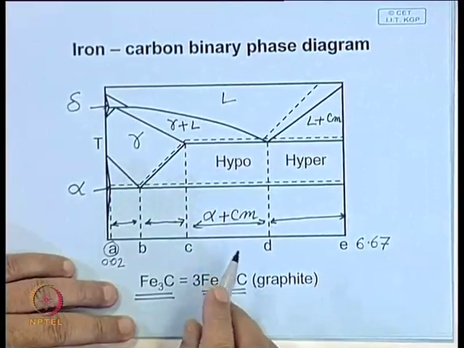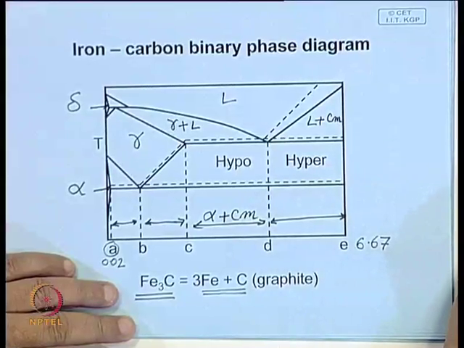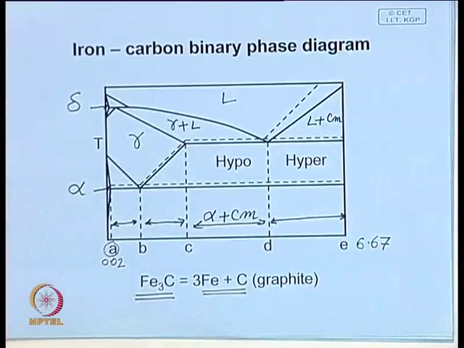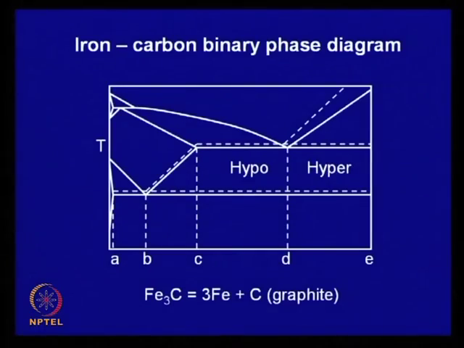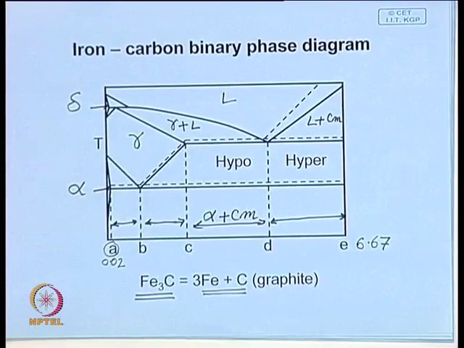In fact, in many of these materials, particularly steels used in power plants and in petrochemical industries, where the steel is exposed to higher temperature during service, people have looked at the microstructures after 20-25 years of service, and they find that cementite has broken down into ferrite and graphite.